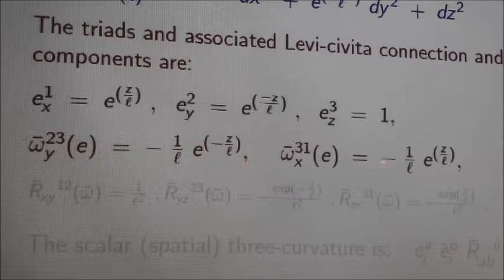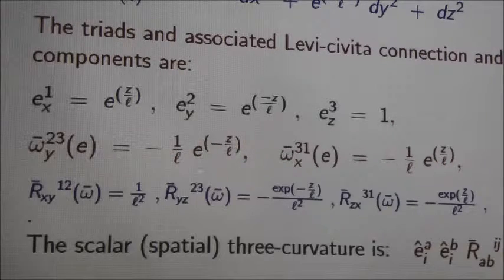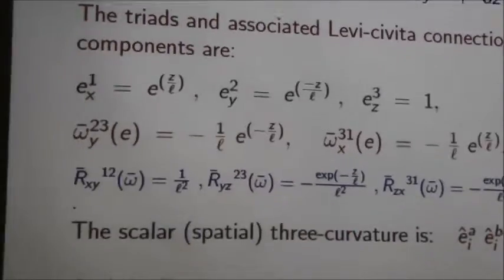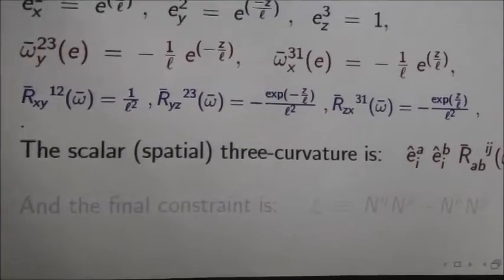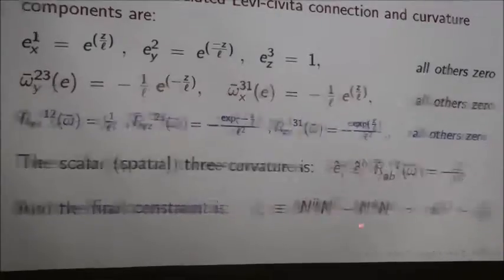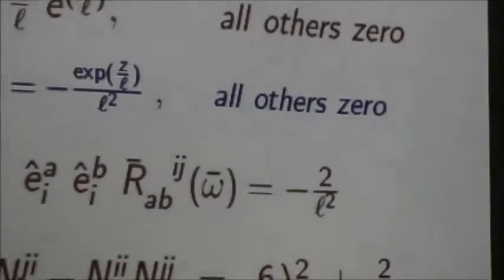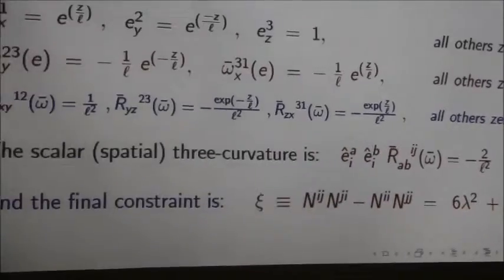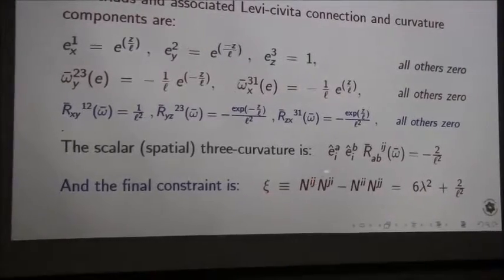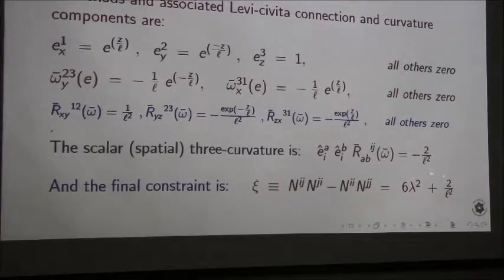And these are the Levi-Civita, torsion-free connections, and the corresponding curvature components. The scalar 3-curvature is minus 2 by L square. So the final constraint now is, again, zeta is 6 lambda square plus 2 by L square. Again, this combination has to be a space-time constant parameterized by 2 constants.